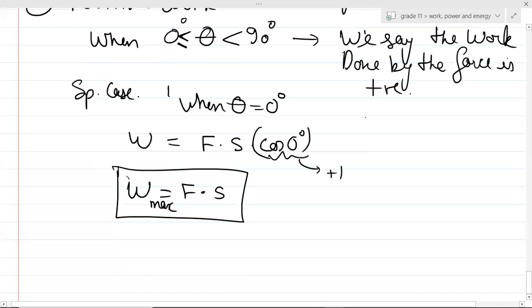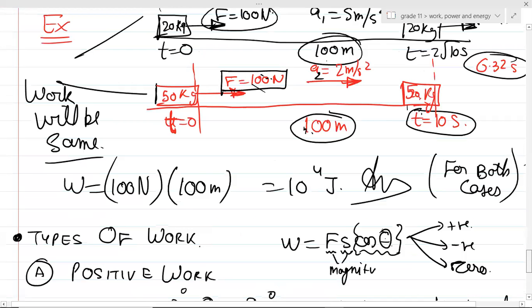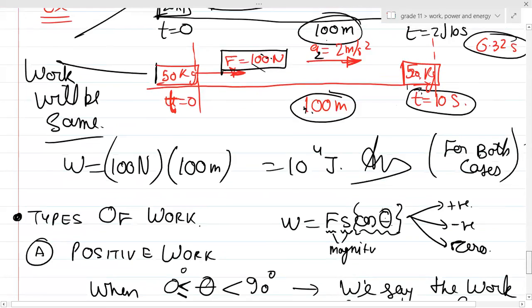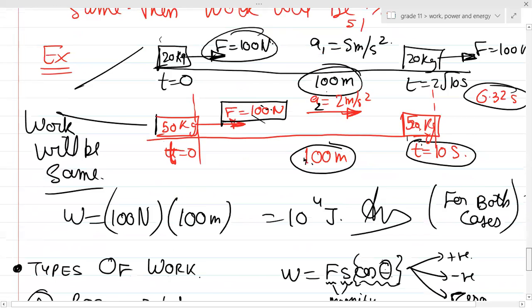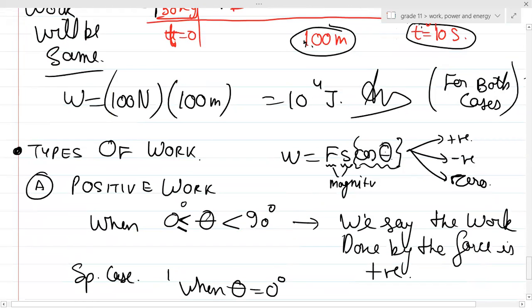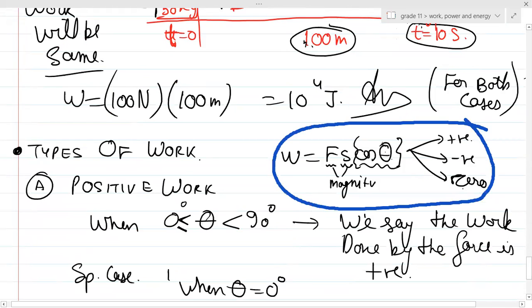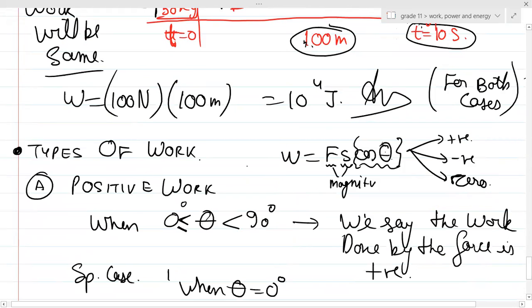Sir, a small doubt. Can you just scroll up? Right there, sir. Please stop moving it. What is this, sir? See, why are there three different types of work?